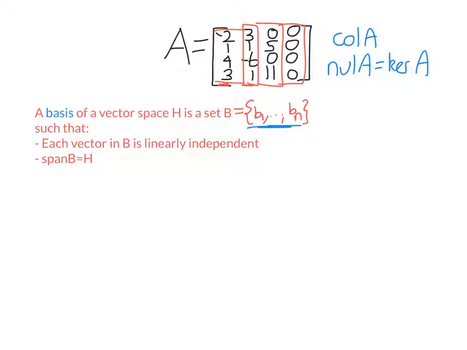So to find a basis for the column space of A, what we need to do is row reduce A and then take the pivot columns of A. They will form the basis we need.